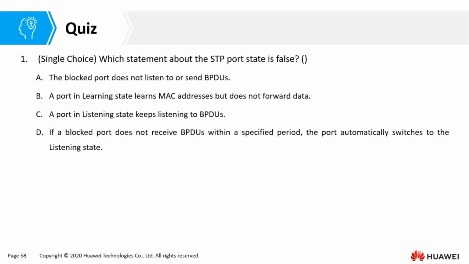So we learned the working mechanism of STP, how to select the root bridge based on the smallest bridge ID, how to determine the root port, designated port, and alternate port. We also saw the election process of STP and the port states of STP. There are 5 port states.